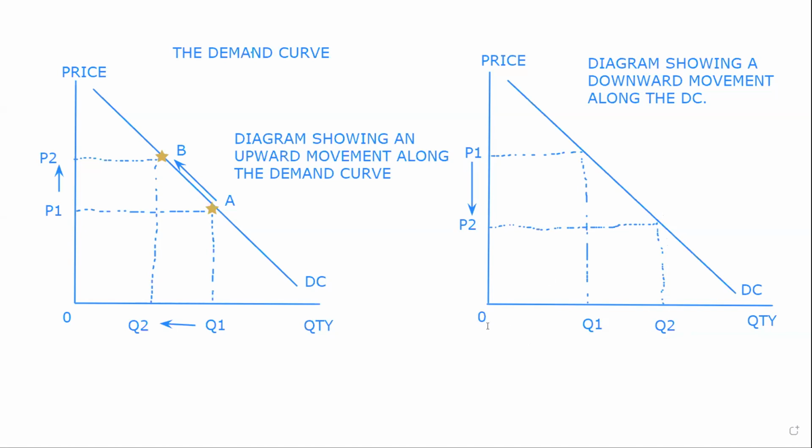It's away from the 0. It went further away from the 0, to probably 100 or so, that we just assume. So we can say that when price decreases, quantity demanded will increase.